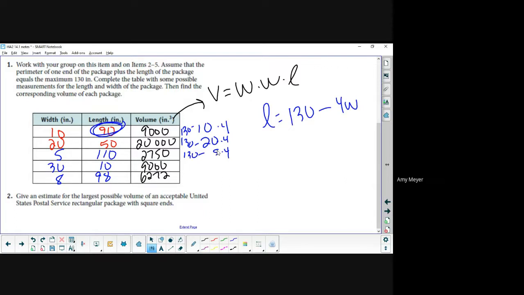B, write the volume of the package as a function of W, the width of the square ends of the package. Okay, so you should be a little better at this now. How am I going to write a function for V? How did you do it 4 times? How do you generically do it in a formula?